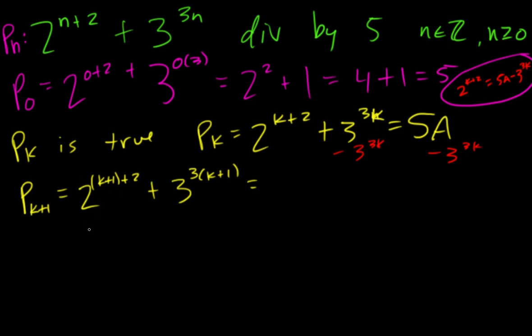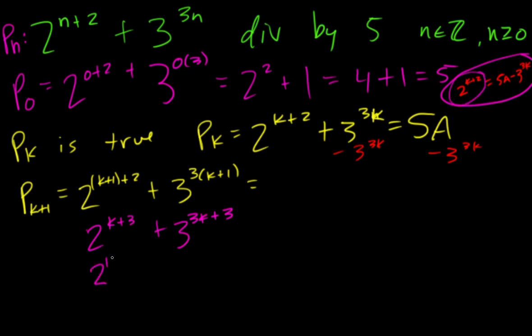Now I'm going to rewrite this as 2 to the k plus 3, plus 3 to the 3k plus 3. And then I'm going to do a little bit of magic because I want to make it 2 to the k plus 2.